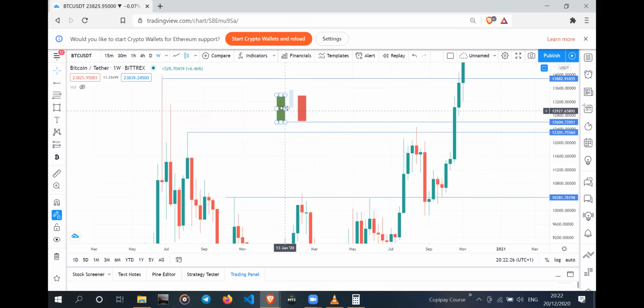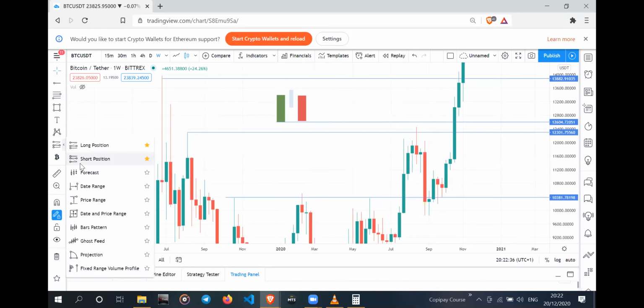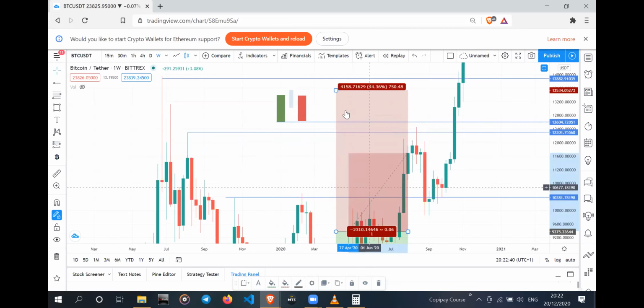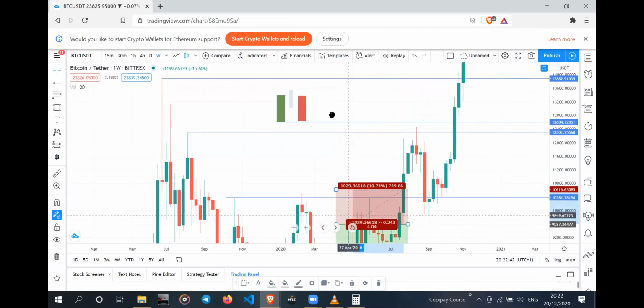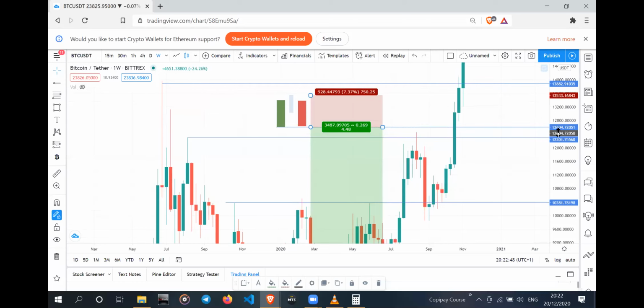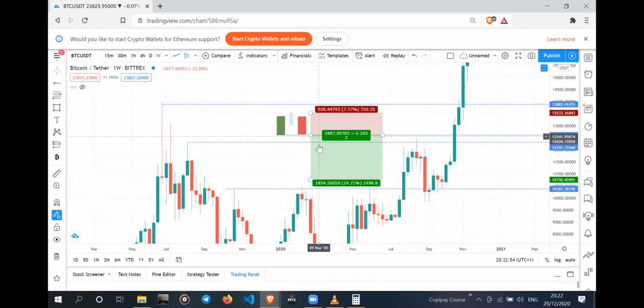As always, you could take a trade right off of here, stop loss above, and then, okay, this is a long position. I'll have to switch to short position here. Yeah. So if you had done this and targeted, let's say 1 to 3 or 1 to 2, you'd have something like this.